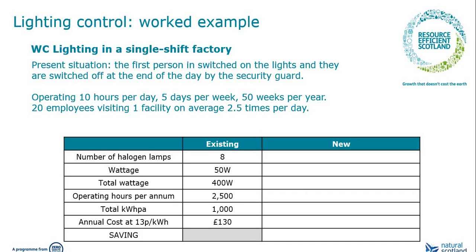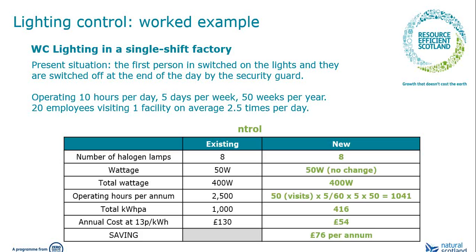And then it's pretty easy to work out kilowatts times hours gives us 1,000 kilowatt hours per year. So at 13p, that's £130 you're spending just on one WC lighting. Quite a lot. So how could we change that if we put some controls in?